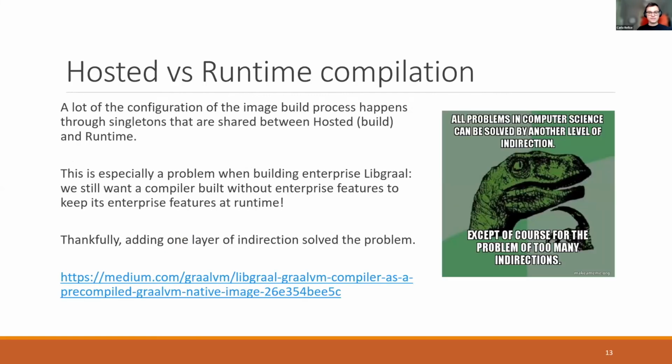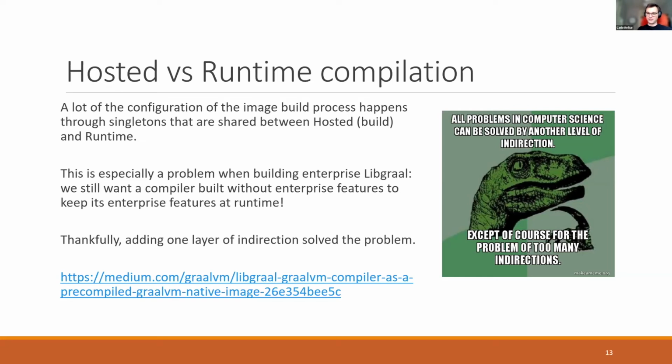Now, in terms of implementation details, it might seem like integrating economy mode in a native image was just a simple matter. But there was one significant challenge with it, and that is the fact that the native image build process is essentially configured through what can be seen as global variables.